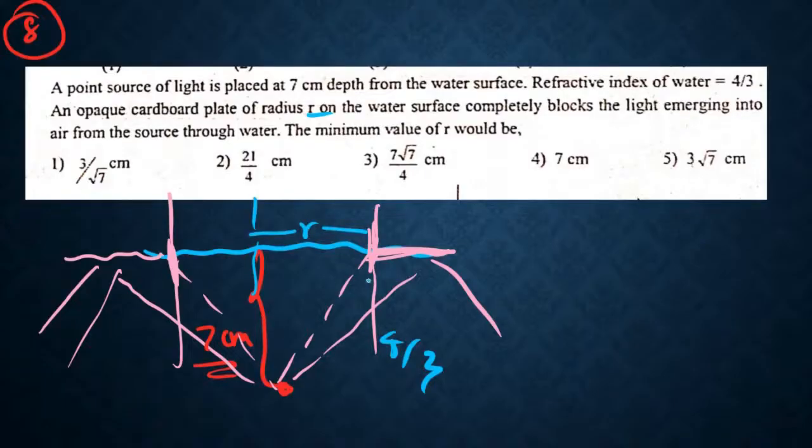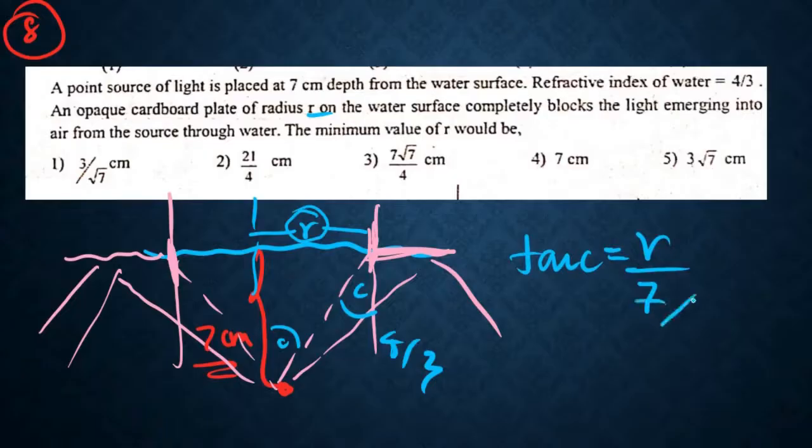We have the height, of course this is c and this is c, and if we can find this, tan c is r over 7, right? So if we can find the value of c, we can find the value of r. Let's try finding the value of c.